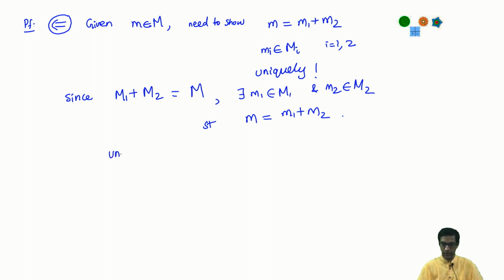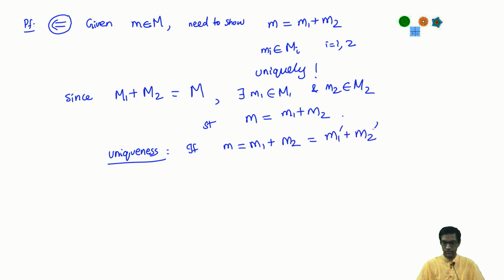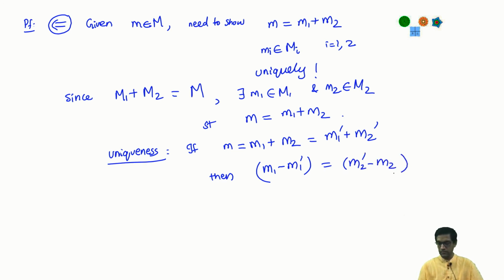So let us show uniqueness. If I can find another such decomposition, so let's say I have one such and another one, then let's subtract. Let's pull the m1 dash to one side and m2 to the other side.